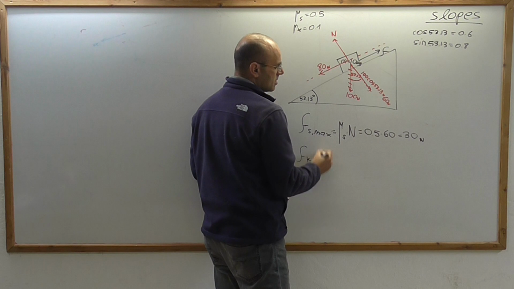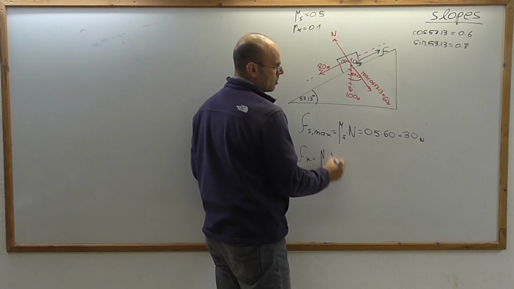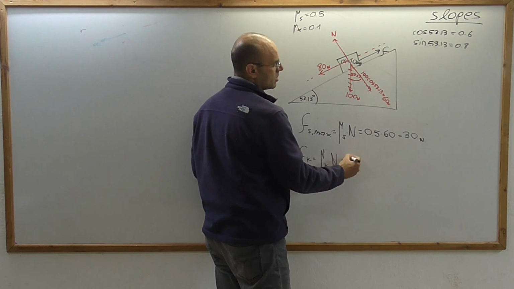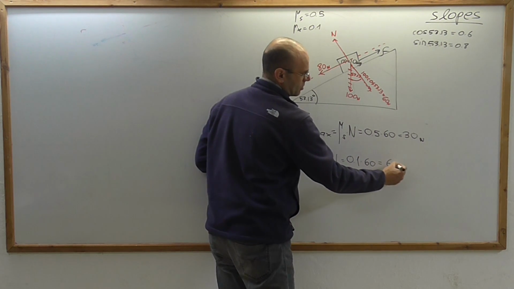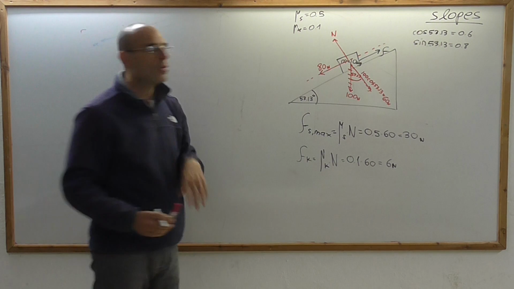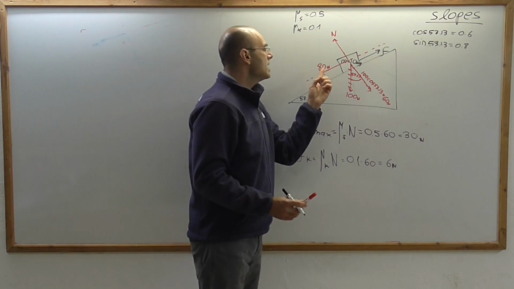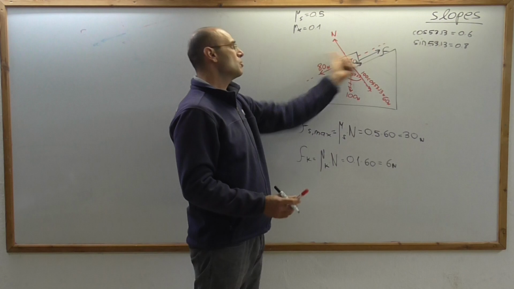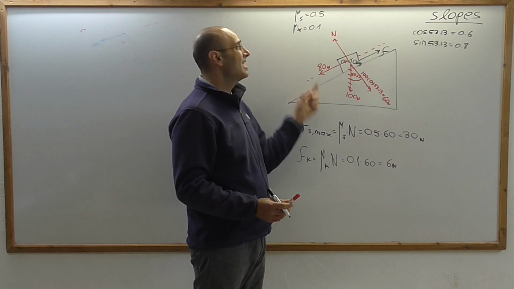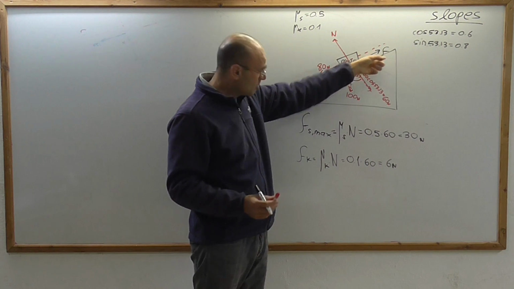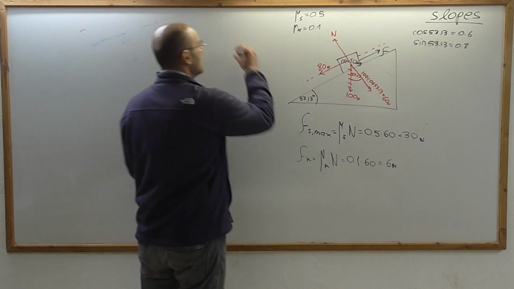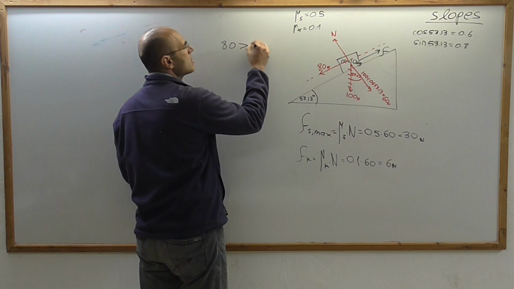Mu kinetic multiplied by the normal force equals 0.1 multiplied by 60, which is 6 newtons. Now we ask ourselves the question, is the 80 newtons, which pulls this mass downwards, bigger than the F static maximum? Yes, it is. 80 is bigger than 30.